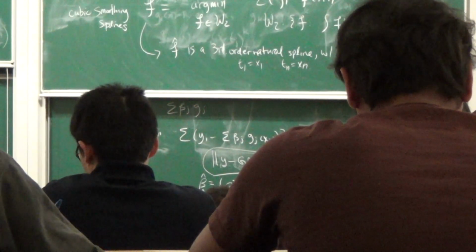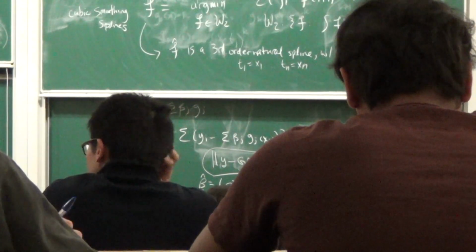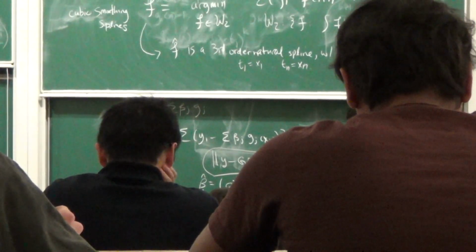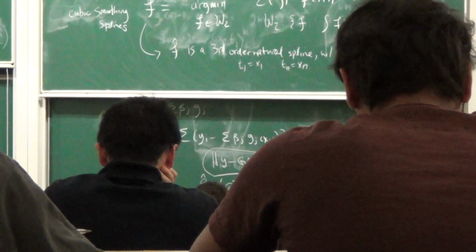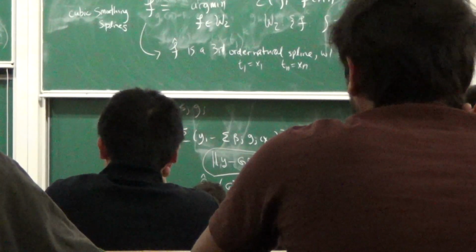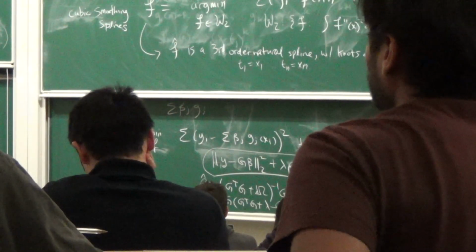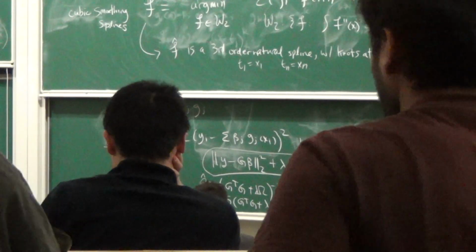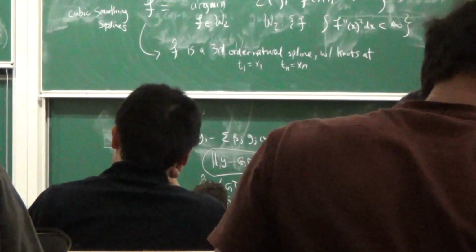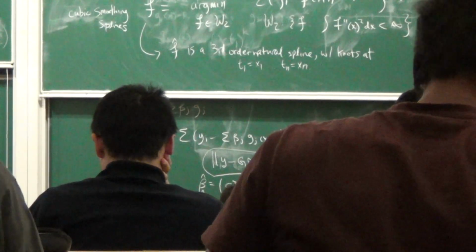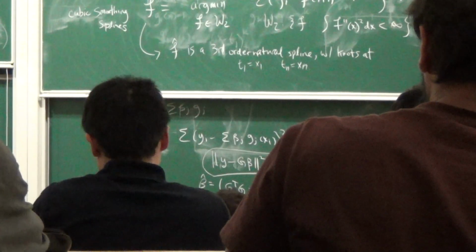And all we do is that we write in here, I think I called it N in the notes, by the way. I hope you're not terribly confused by that. But yeah, in the notes, G is N. I just use that for natural spline. So we write that as this.